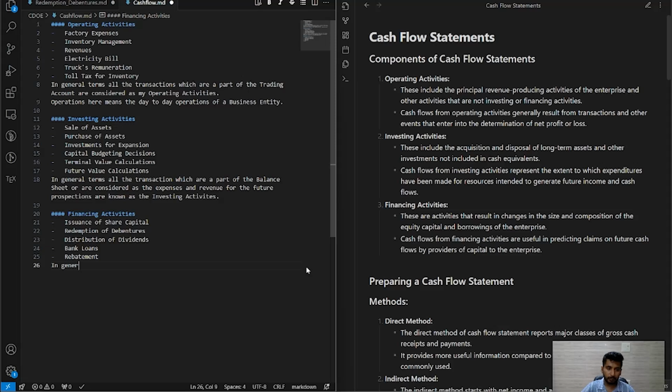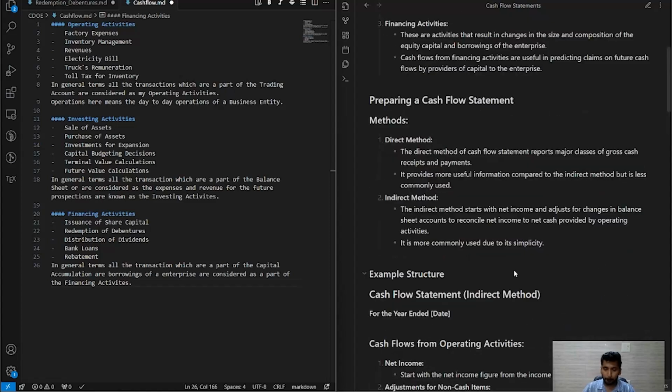So, in general terms, all the transactions which are a part of the capital accumulation and borrowings of an enterprise are considered as a part of the financing activities. Okay.